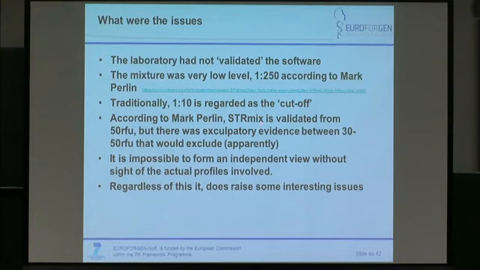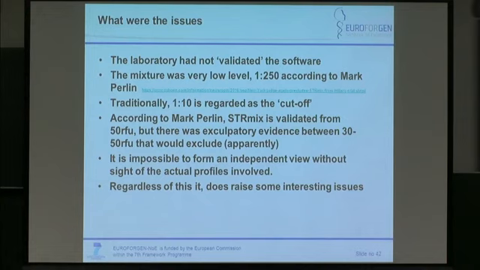So Mark Perlin is making these kinds of statements. STRmix is validated from 50 RFU, is what he says. I don't know if this is true or not. But he says that there was exculpatory evidence between 30 and 50 RFU, a few peaks that would exclude. So what Mark Perlin is saying is if you look below the limits of detection, there's actually information in there which excludes. From my perspective, it's impossible to form an independent view without seeing the actual profiles involved.